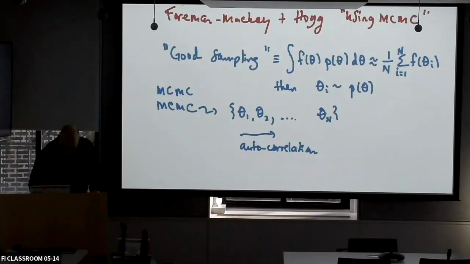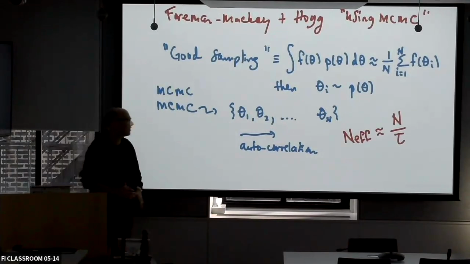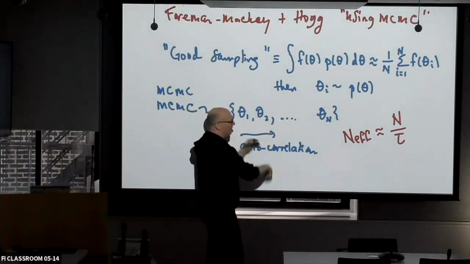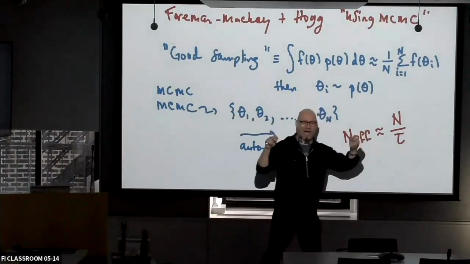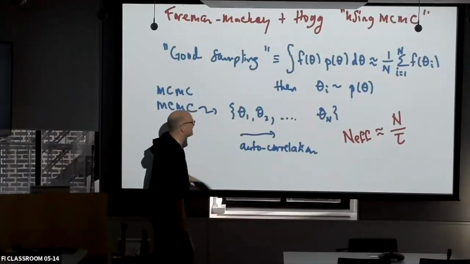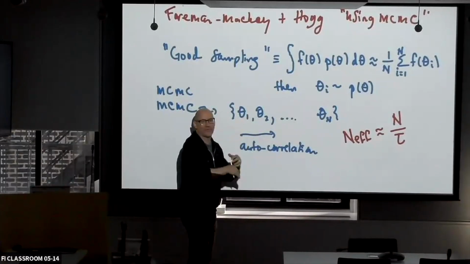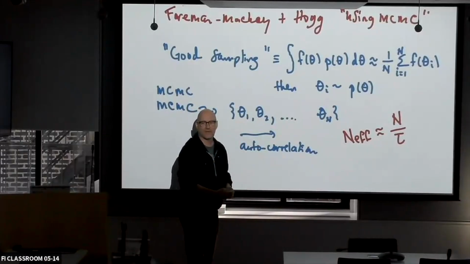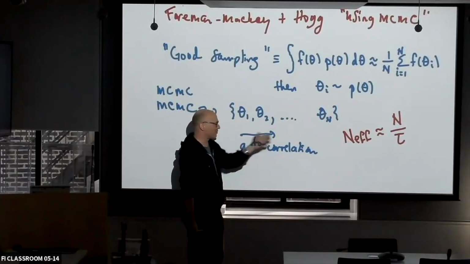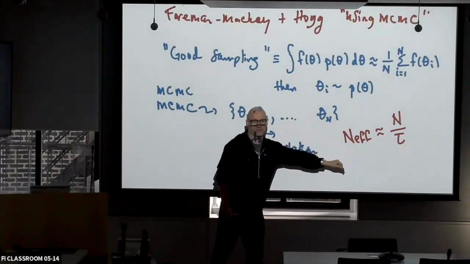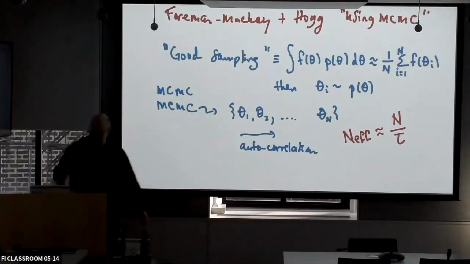So really, there's kind of an effective number of samples, which is the number of samples you have divided by some autocorrelation length, which I'll sometimes call the autocorrelation time, but it's not really in time units. It's the number of samples you have to go before you have an independent sample. And there's explicit definitions for this object.